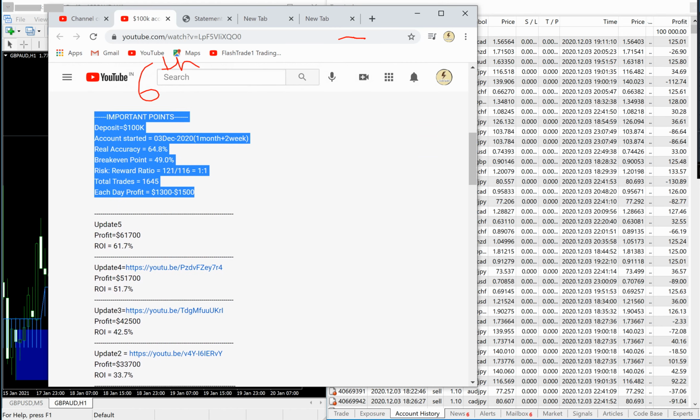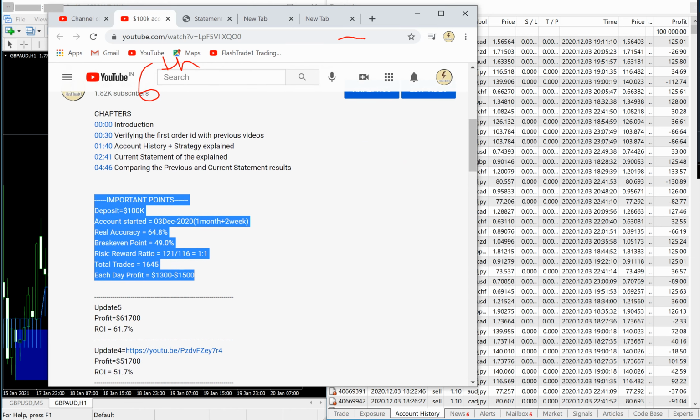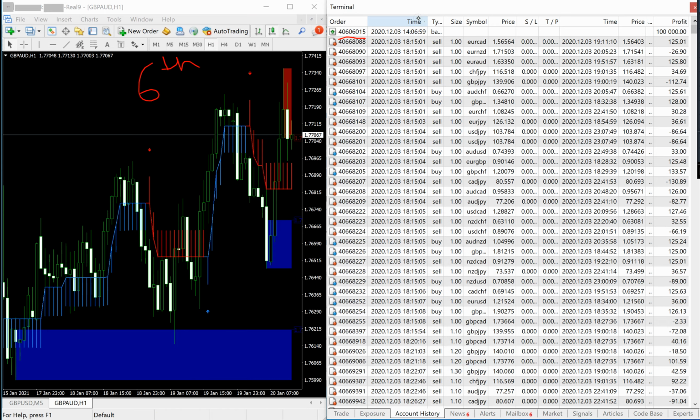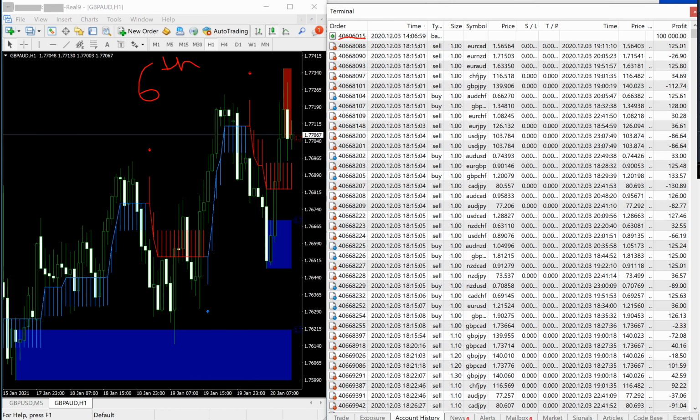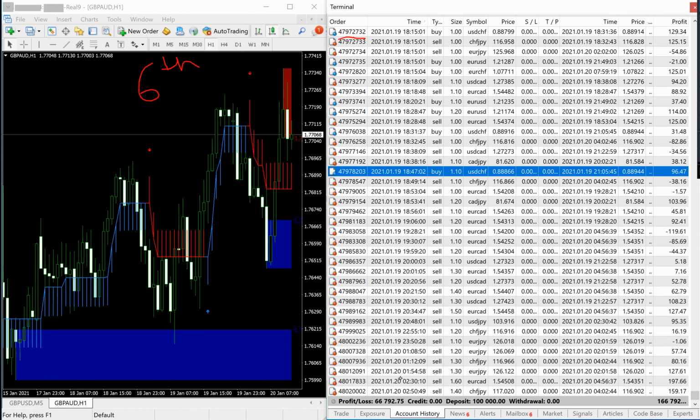During the 5th update, the total profit on the account was $61,700 with 61.7% overall ROI. As of now the profit on this account has increased to $66,792.75, so almost $66,800.